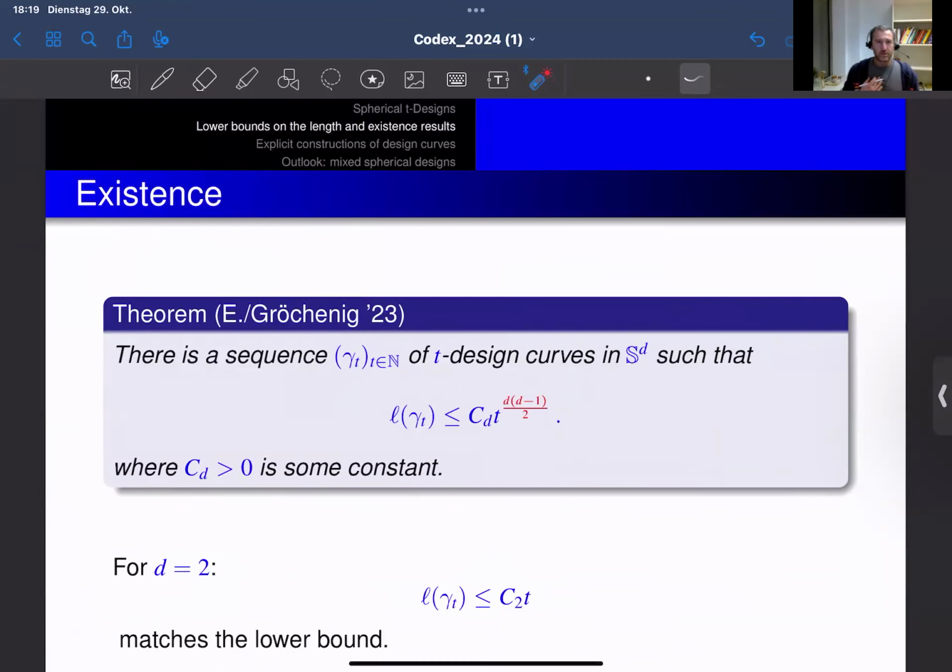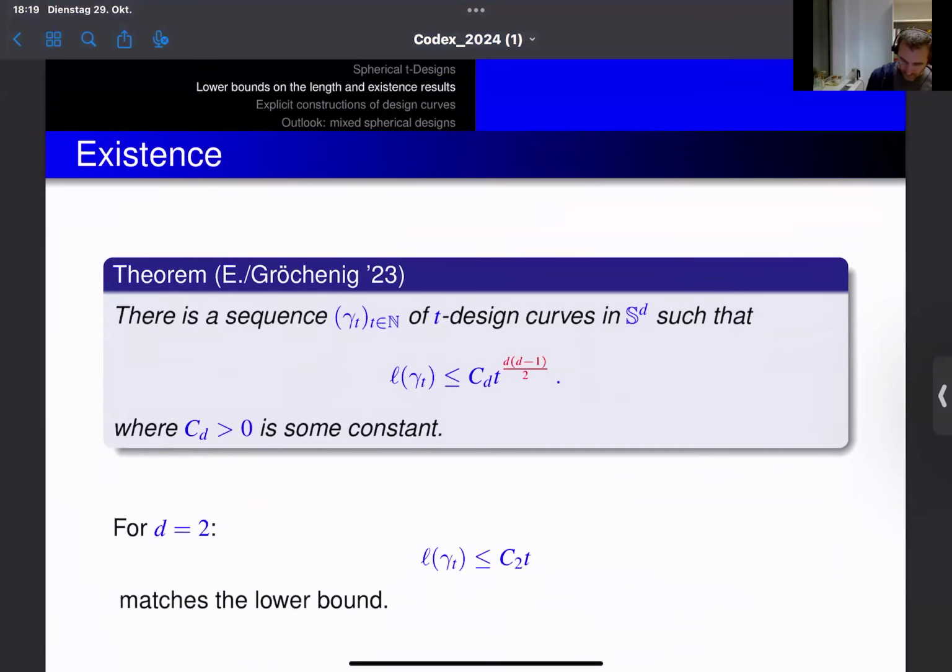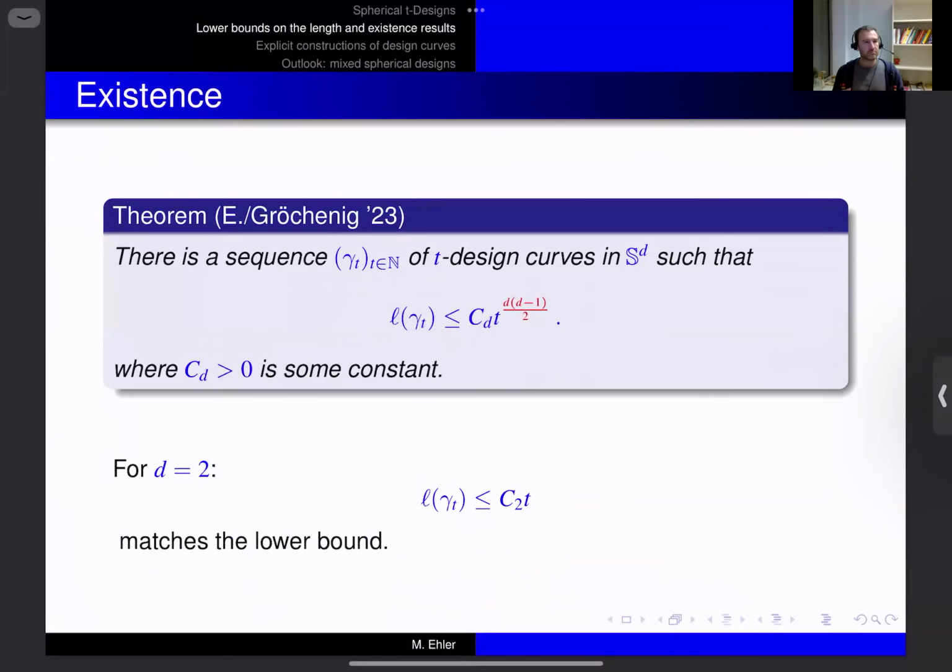Now that we have a lower bound, now we of course ask, what about existence? And last year we were able to check that at least for all t and for all dimensions d, there do exist t-design curves. And the length of the curve is upper bounded by a constant times t to the, and now it's essentially d squared, more or less.